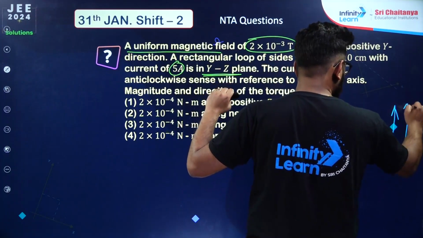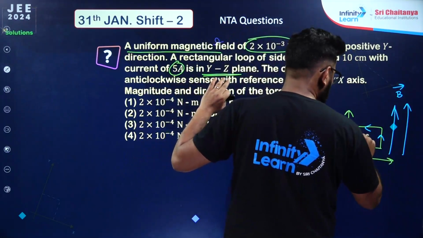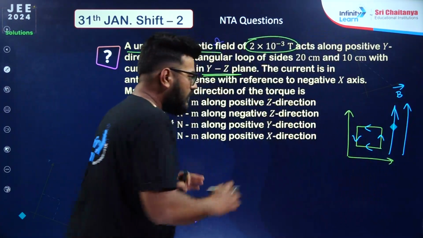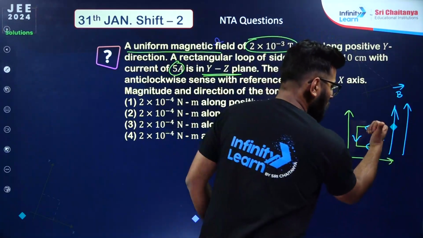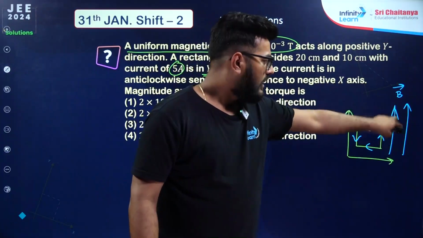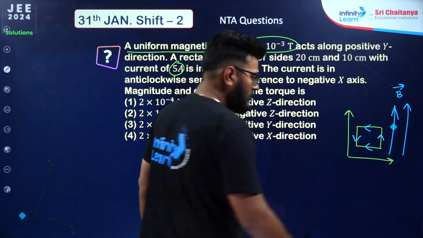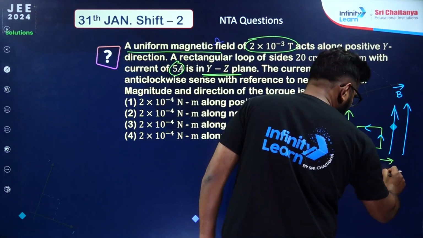This is the magnetic field line, and there is anti-clockwise current flowing in the loop. So obviously there's going to be a magnetic moment with respect to this loop, and that magnetic moment in the magnetic field will cause a torque given as m cross B.